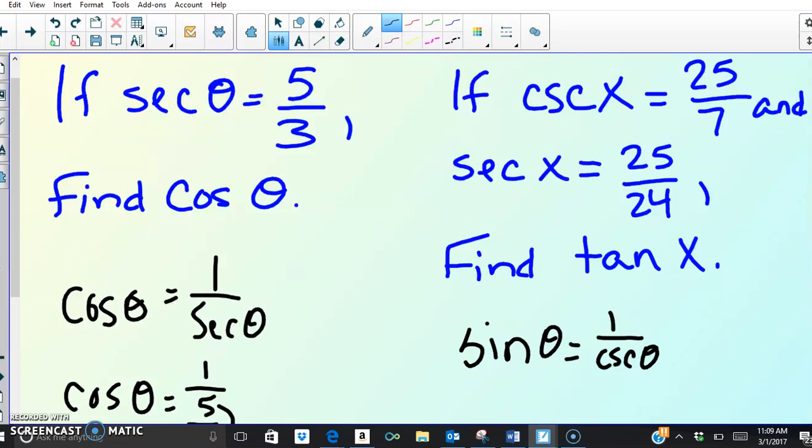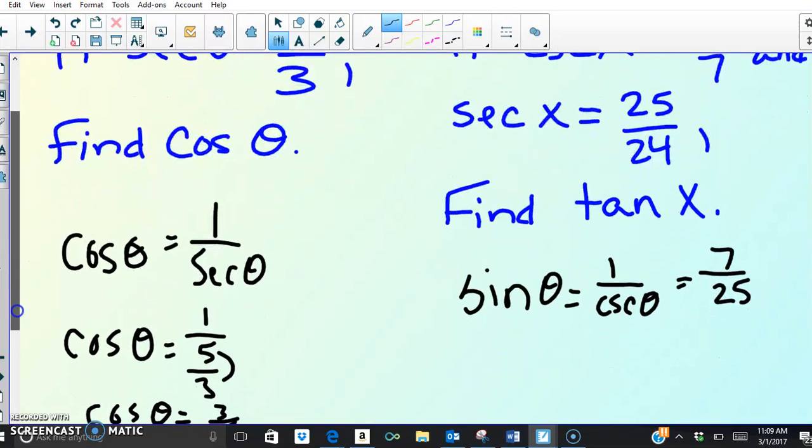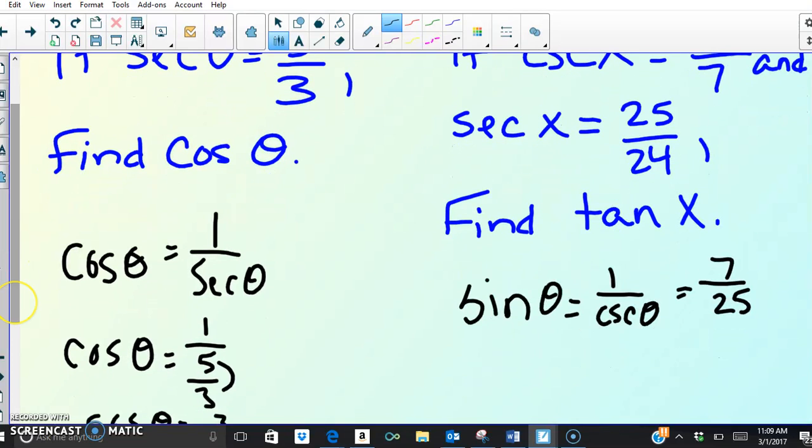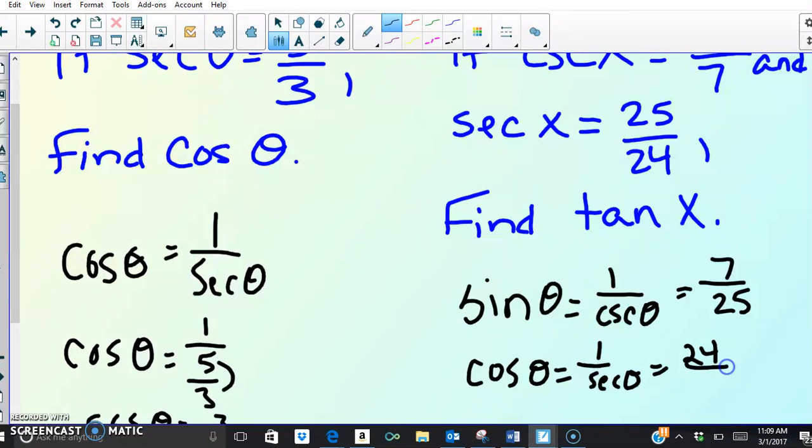And when I do that, remember we just reverse it. So sine theta equals 7 over 25. Cosine theta equals 1 over secant theta. So that means, once again, I'm just going to flip those. So that would be 24 over 25.